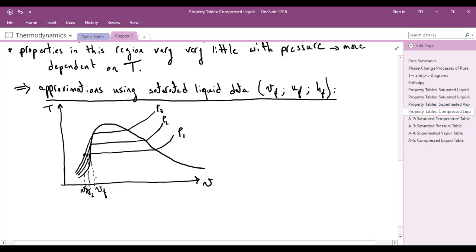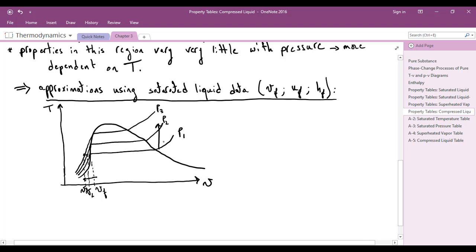So increasing the pressure will decrease the specific volume in a very small way. The change in increasing the pressure will decrease the specific volume very little in this case.